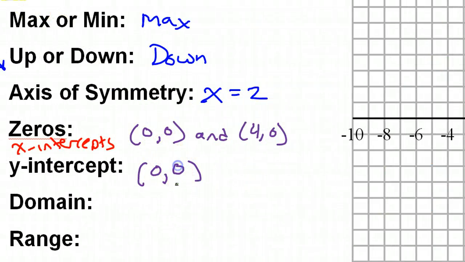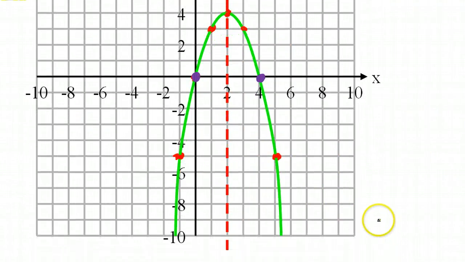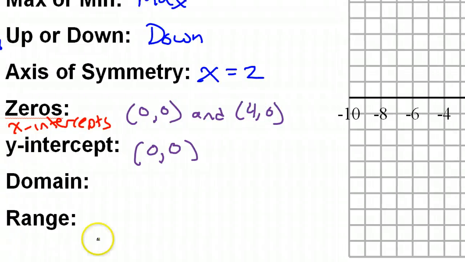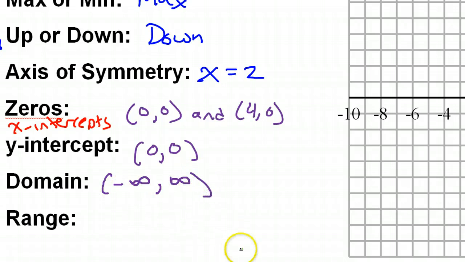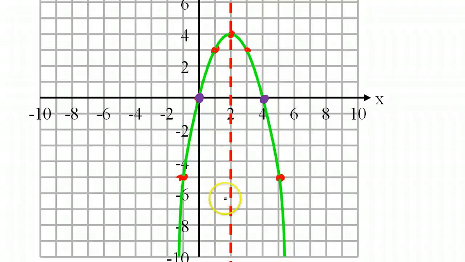Okay, now the range. The range is the y values of a graph. So that means how low does it go and how high does it go. And it has to be in that order, bottom to top. So how low does this thing go? Well, it goes down forever, so you should be thinking negative infinity, okay, down here.